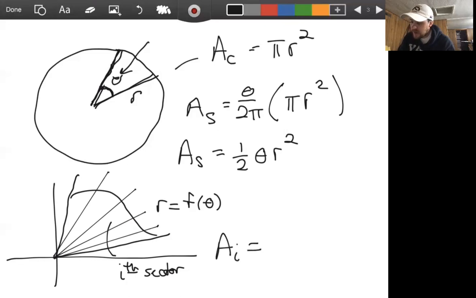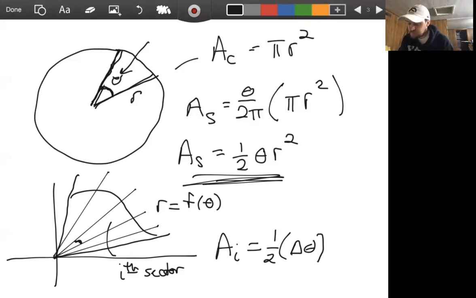The area of the ith sector, well, based on this formula, is going to be 1/2. And now we want this angle in here, which is when we've subdivided this based on a partition, this tiny change in theta is what we call delta theta. It's a very small change in theta. And then times r squared.